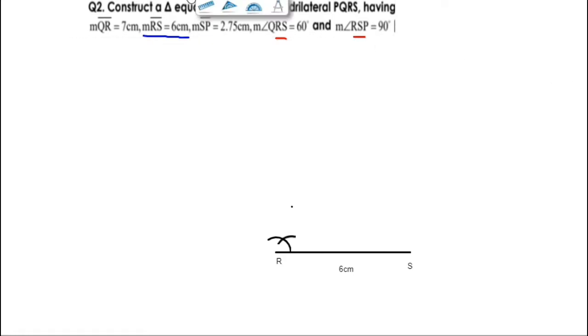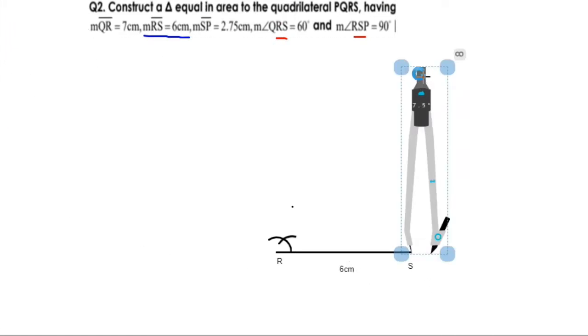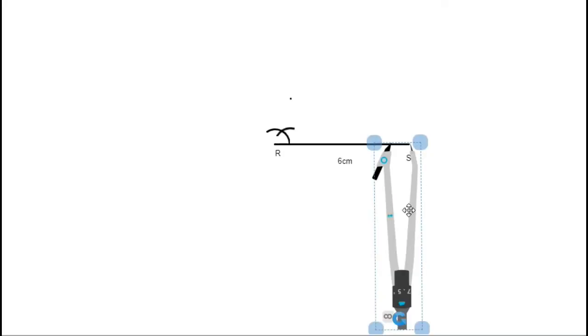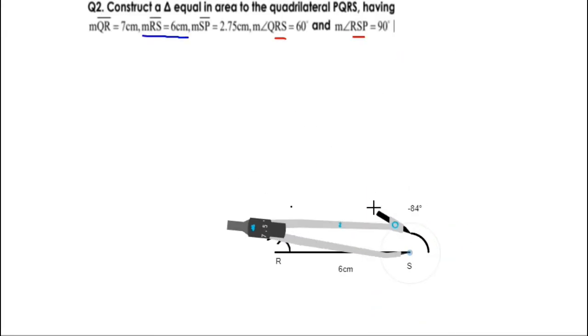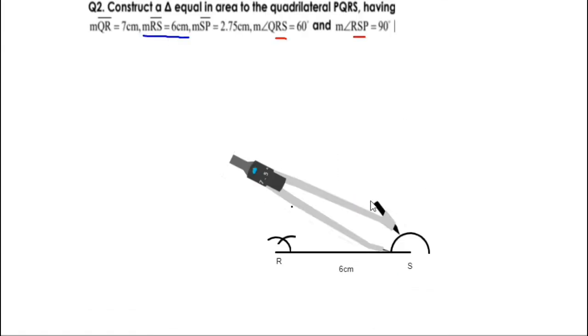Take the compass. Taking S as a center, let's open the compass to some appropriate radius. Now taking S as a center, we have to draw a semicircle. Here we have the semicircle. Now taking this as a center, draw another arc.